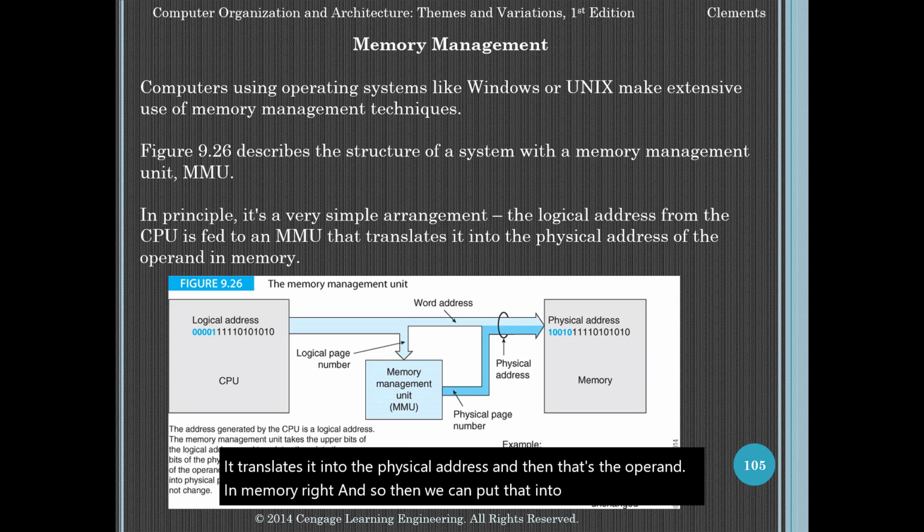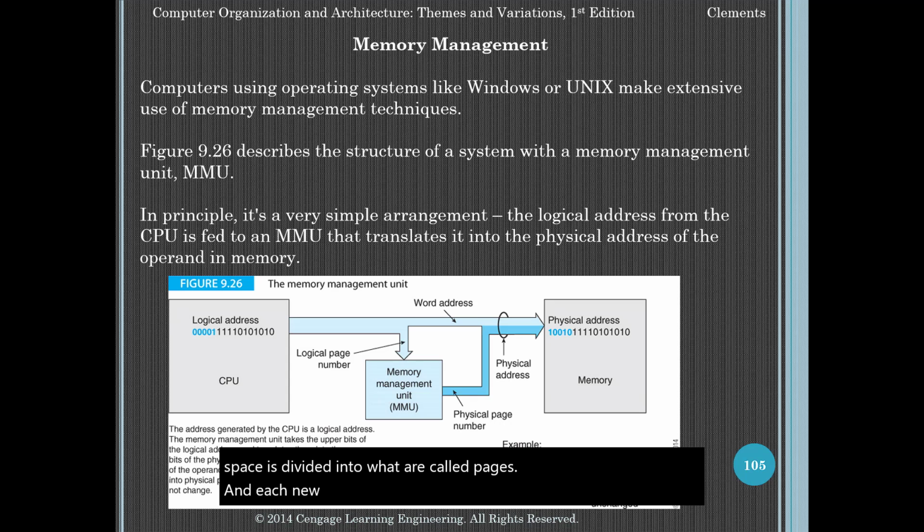This translation really involves just a lookup table that converts logical addresses into physical addresses. It's a very large table because, I mean, how else would you do this? A large table is required to translate each logical address into a physical address, and memory space is divided into what are called pages. Each new address is on a logical page.